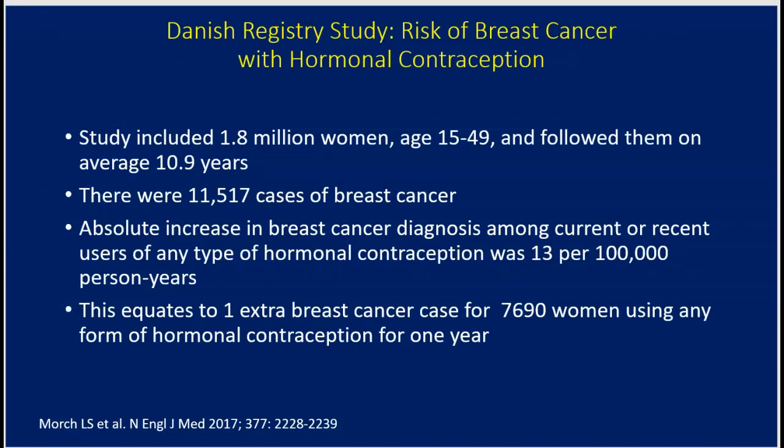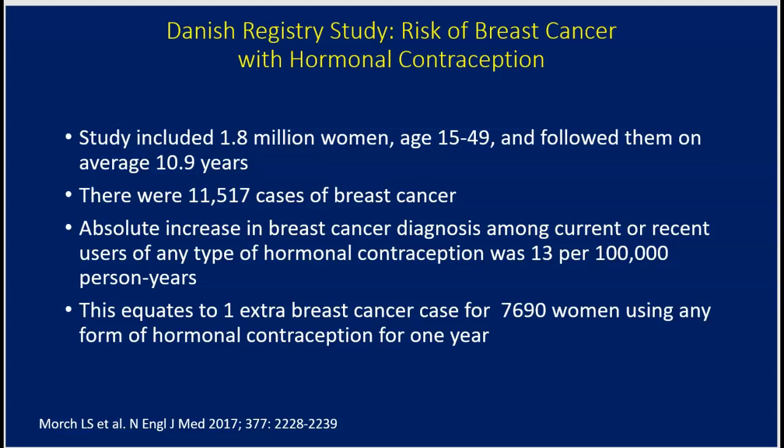Finally, we come to probably the most important study of recent note, and this is a large Danish registry study which basically examined 1.8 million women in Denmark aged 15 to 49, basically all the women that were in this age group when they started, and followed them on average for almost 11 years. During this period there were about 11,517 cases of breast cancer diagnosed.